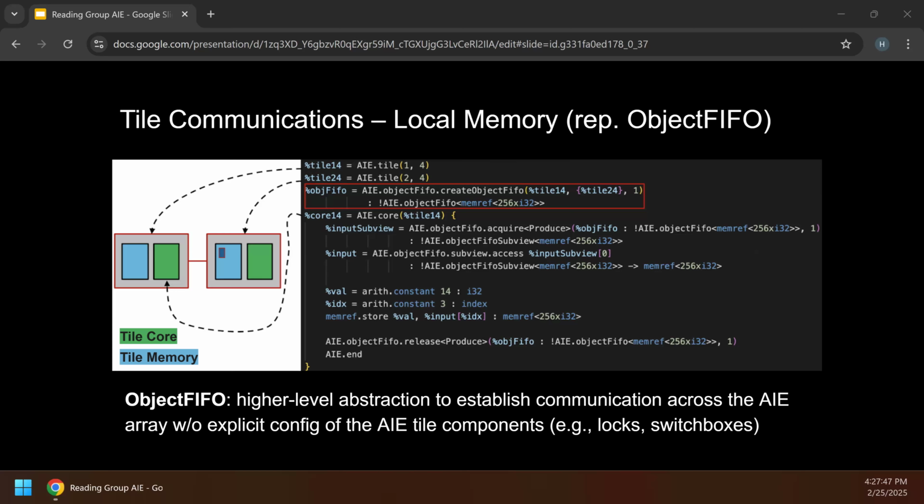And then my last question is, is there a way for the programmer to say something about the criticality of this communication channel? So something like, I want to prioritize this for latency, for example.